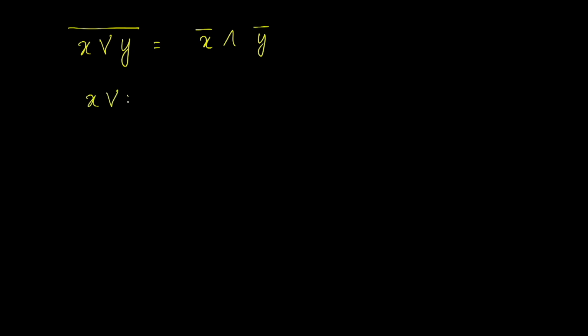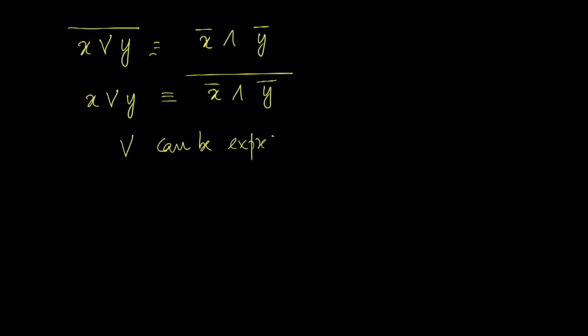Therefore, x or y is equivalent to the complement of x and the complement of y, the whole complement. Now, what this establishes is that OR can be expressed in terms of and negation.